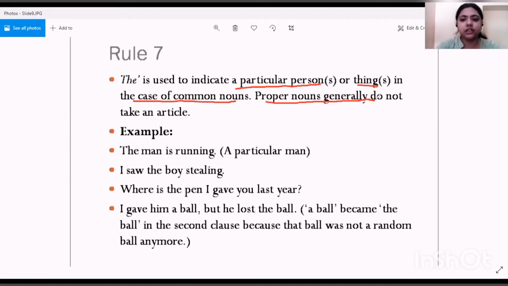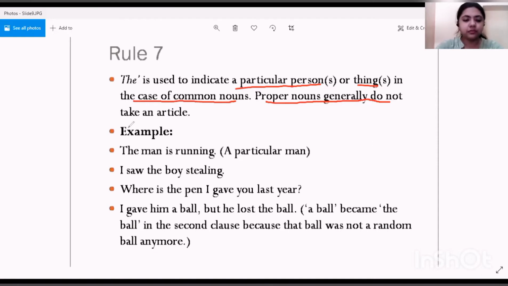Okay, Rajendra was doing the same mistake last time. He was using article the along with the proper nouns. So here the things must become clear to you that proper nouns generally do not take an article. We do not use any article before the name of a person.